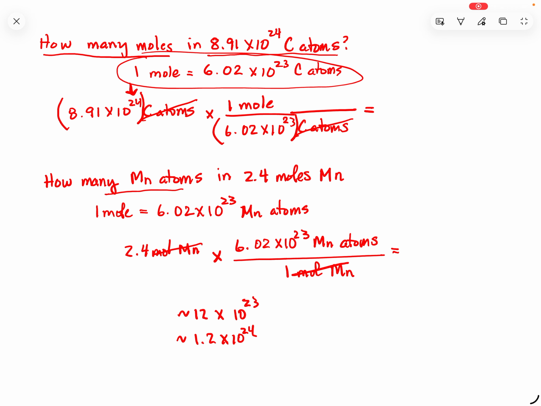So you could find that without a calculator. I didn't do anything with the 0.4, which is going to make it a little bigger. Ballpark, it's got to be around 1.2 times 10 to the 24. Well, there's only one number up there that makes any sense. There's only one number to the 24th power.